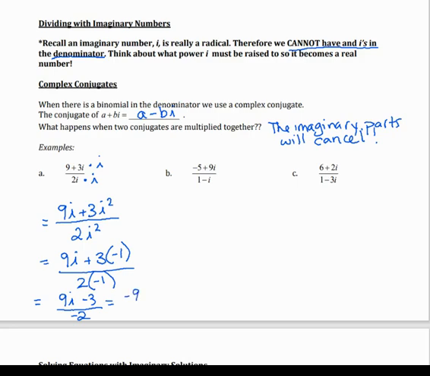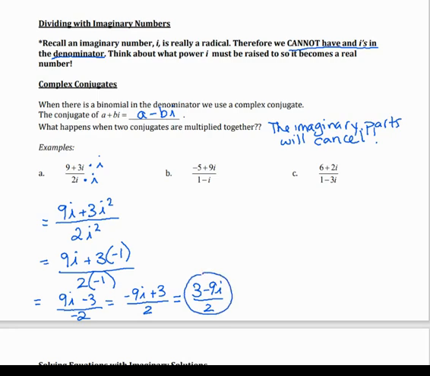So it would be negative 9i and now a positive 3 and a positive 2 on the bottom. But again, I want that i part to come second. So I'll switch this so it says 3 minus 9i all over 2. And we can't divide anything by 2, so there's my answer.